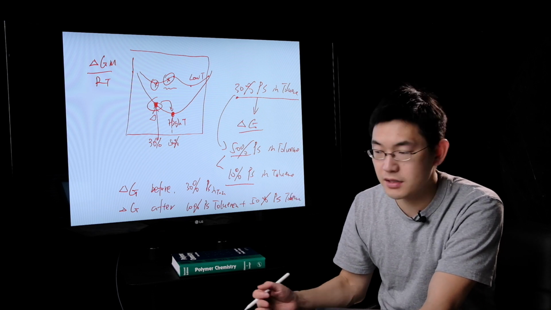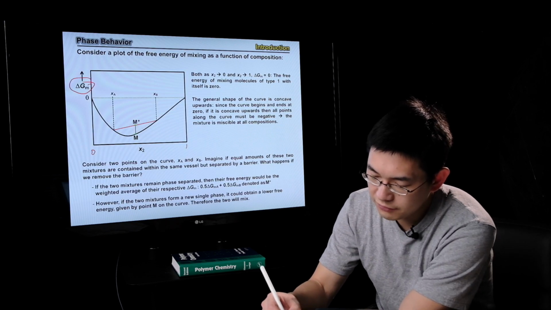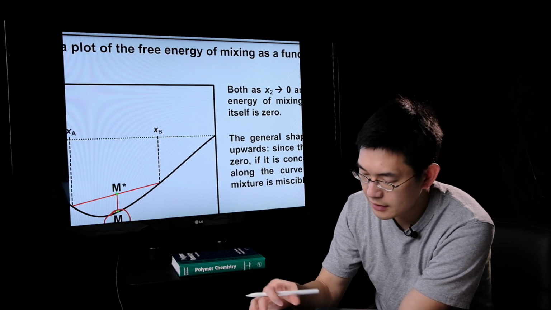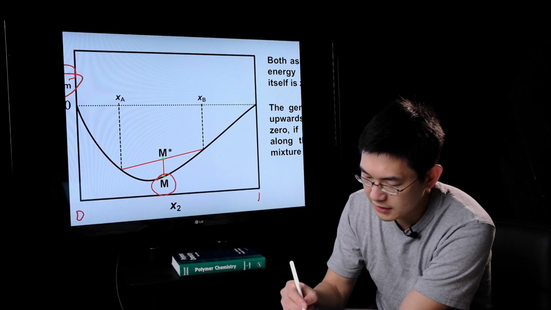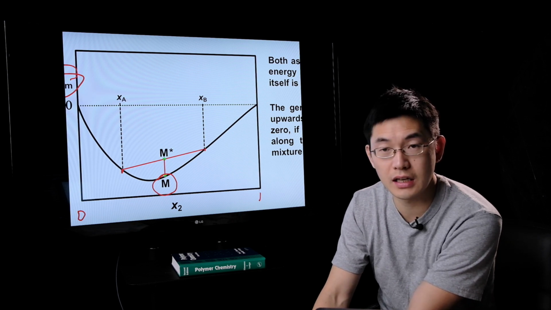And there's a very simple way, as we show here. When you phase separate from this particular M, you would always phase separate into two layers. One is higher in concentration, the other is lower.